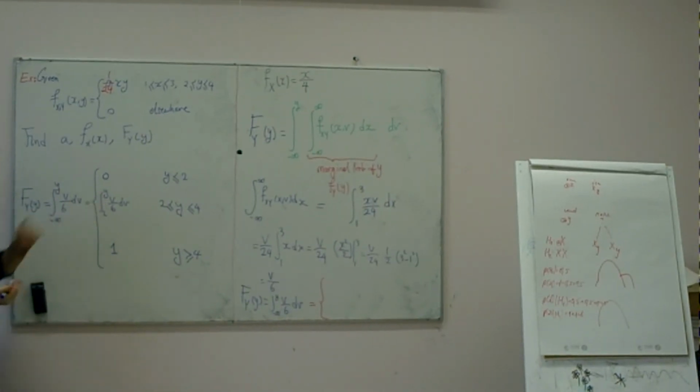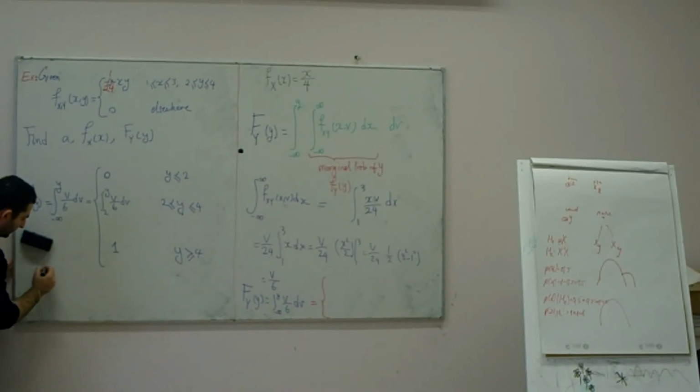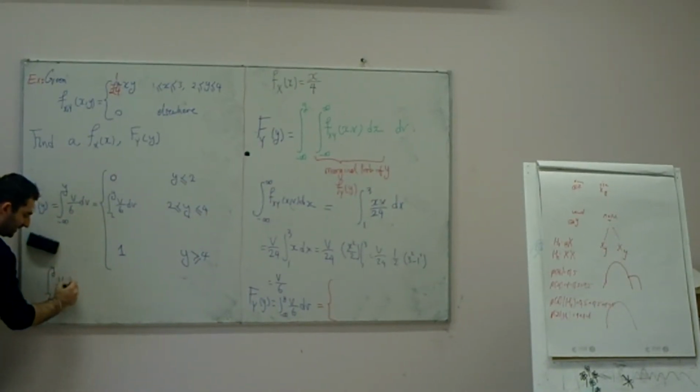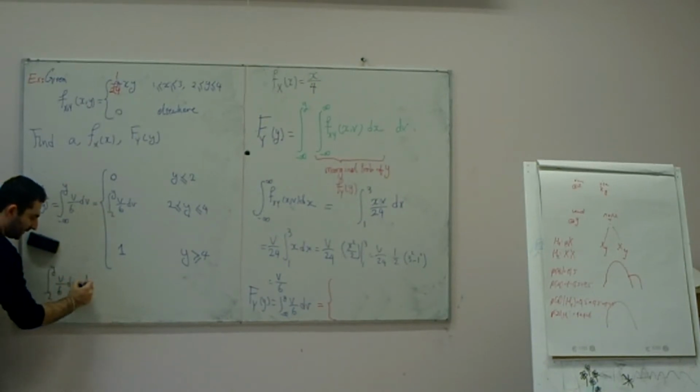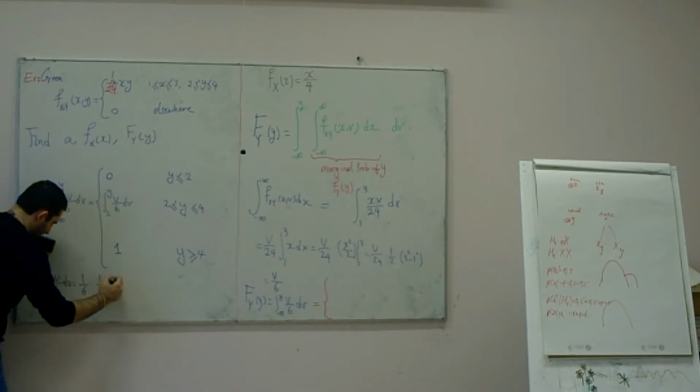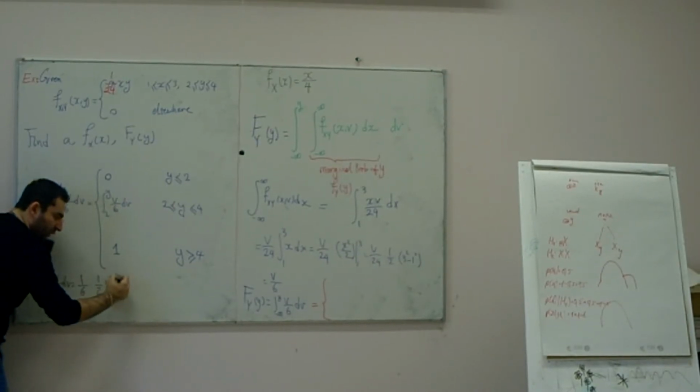So we need to calculate this simple one, which is the integral from 2 to y of v over 6 dv. So it will be 1 over 6 multiplied by 1 over 2 v squared from 2 to y.